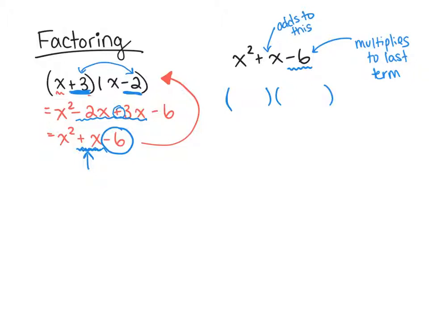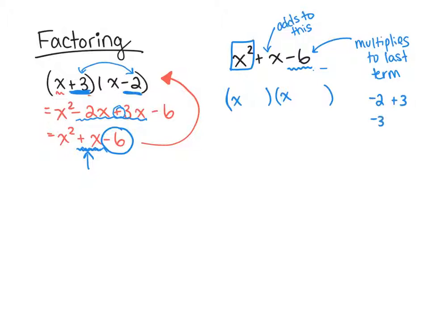So when we're coming up with the brackets, since we're starting with an x squared term, we're going to put x in the front of both brackets, because it's the same as the minus 6. We're looking for something that multiplies to it. So x times x is x squared. So that's got to be what's in the front of the brackets. That's our only option. And then the minus 6, we talked about, it could be negative 2 and positive 3.